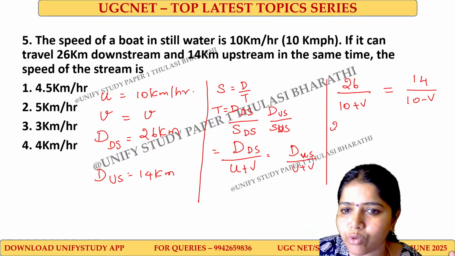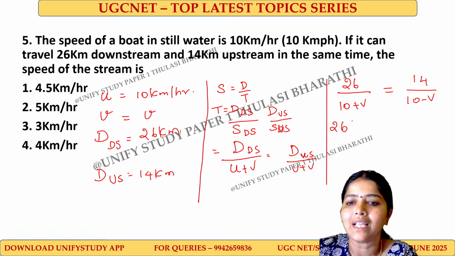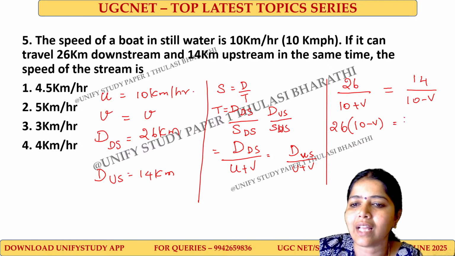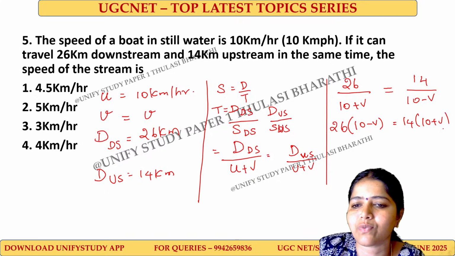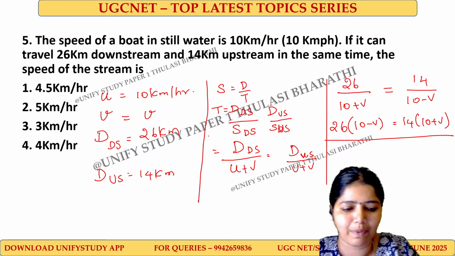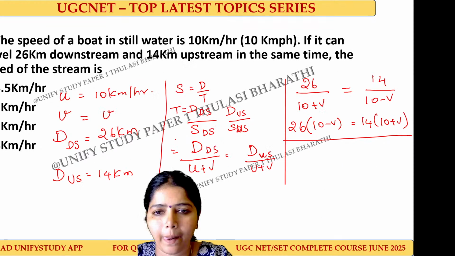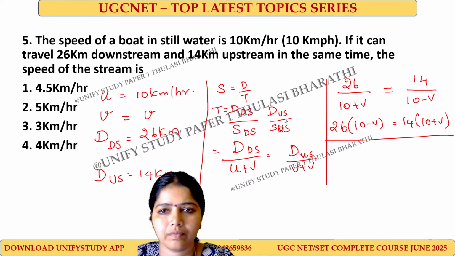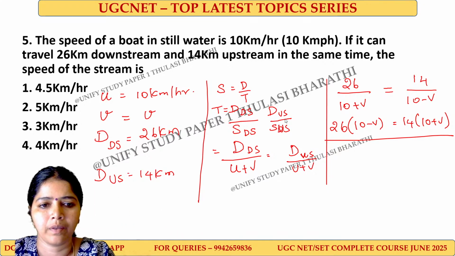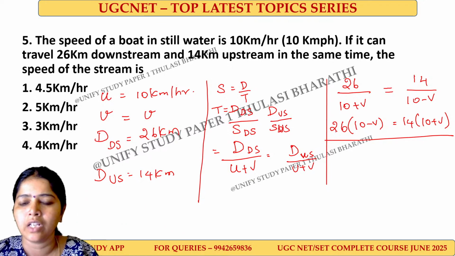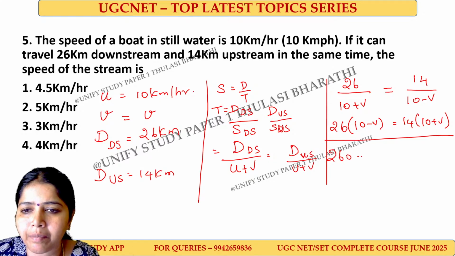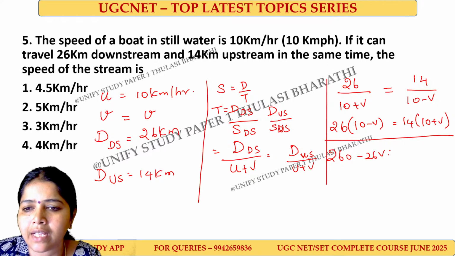Now simple, we have to do the cross multiplication. That is 26 into 10 minus v, equal to 14 into 10 plus v. So here it is 260 minus 26v, equal to 140 plus 14v.